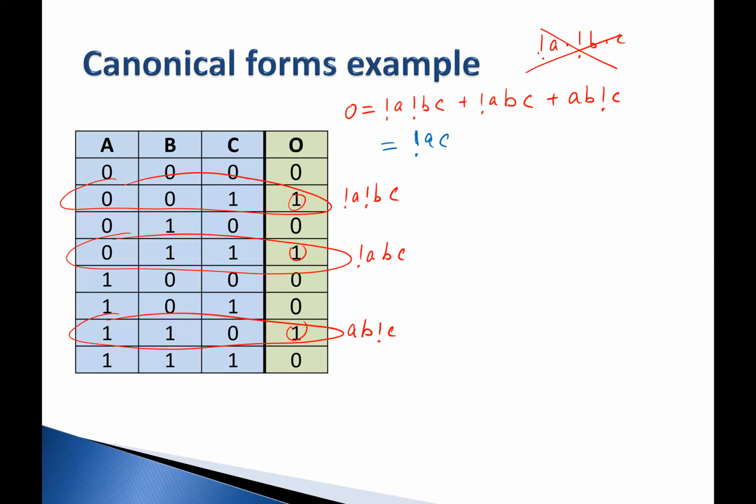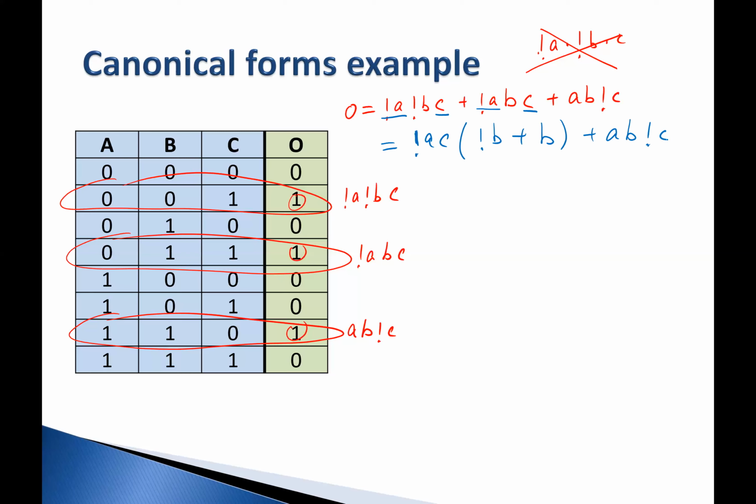Again, no dot operator. So just copy it. And then I have what? Since I take not A and C out, I will have not B. And then plus, for this one, I have B. Sounds good? So I have not A and C, not A and C, and then plus A, B, not C.